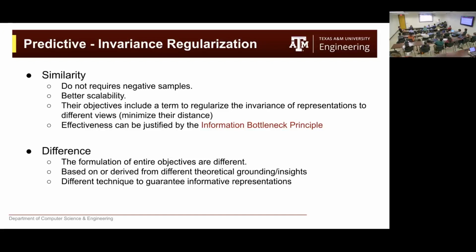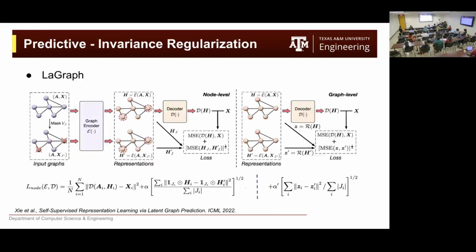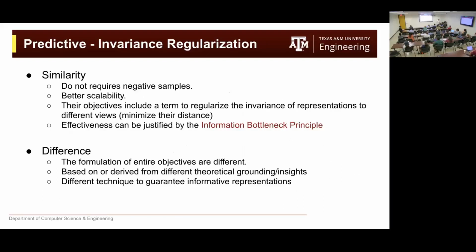So if you recall all of these methods, you can see that we use the invariance term to ensure that the representation is robust to noise on the input. And we also have some different terms, like the decorrelation term and the reconstruction term here, to make the representation as informative as possible.